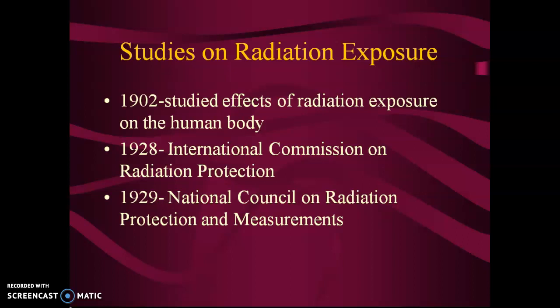By 1928, about 30 years after they were discovered, an International Commission on Radiation Protection was founded, and the next year they established a National Council on Radiation Protection and Measures to set up some standards and safety measures. Again, I'm just giving you timelines.